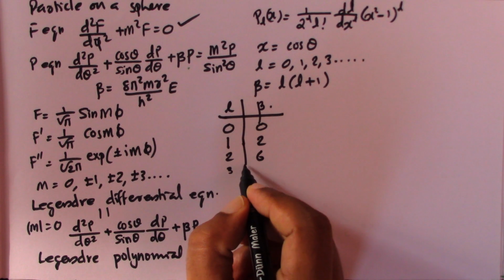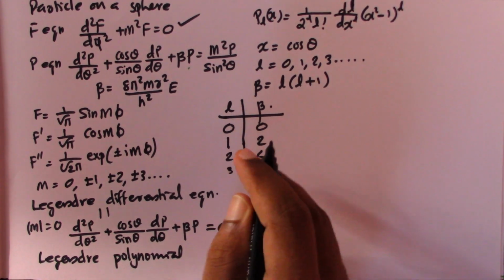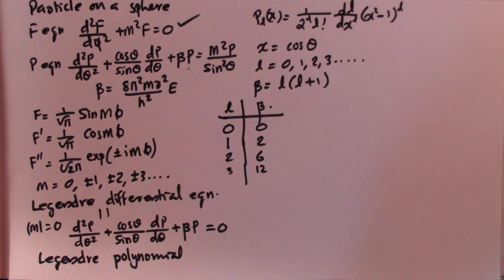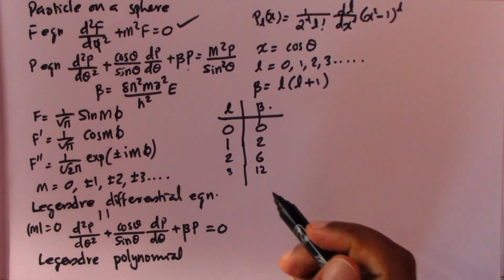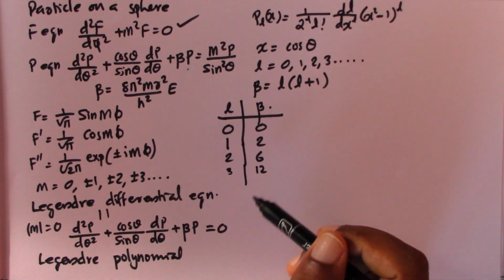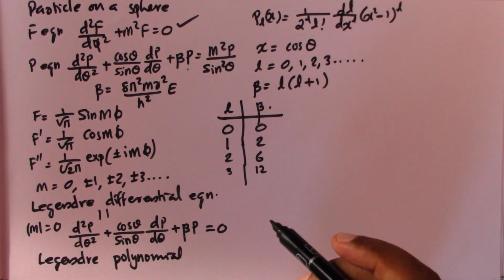If L is equal to 3, then 3 into 4, that is equal to 12, etc. So these are the possible values of beta: 0, 2, 6, 12, etc. And we can have a well-behaved wave function only for these values of beta.